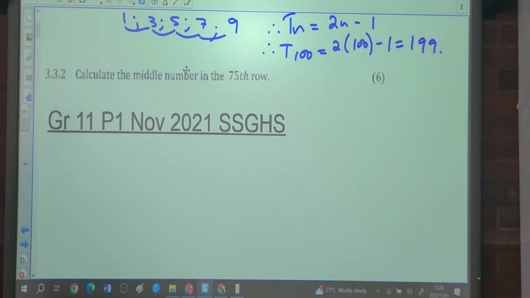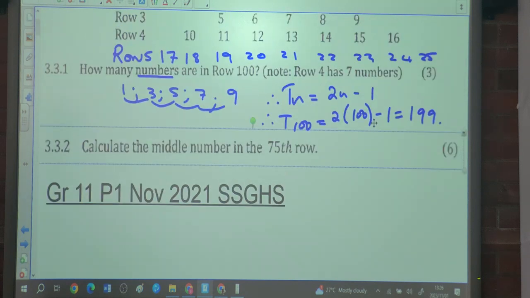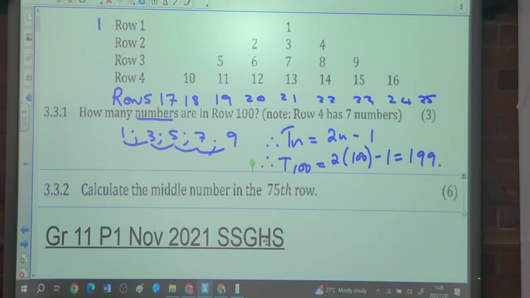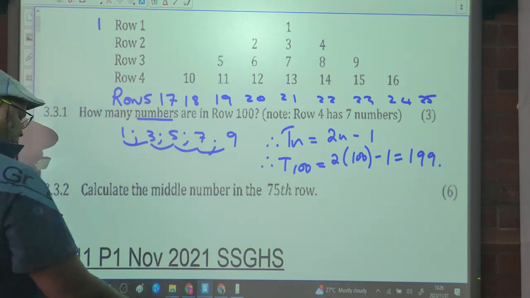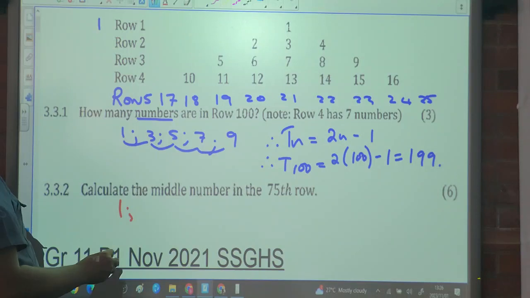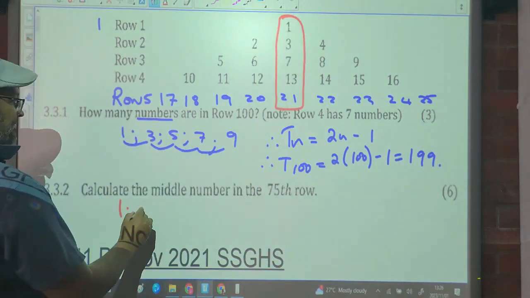Let's go to the next question. Calculate the middle number in the 75th row. The middle number in the 75th. So if you look at the first row, there's only one number there. So what number is that? 1. In row 2, what's the middle number? So those are the middle numbers.